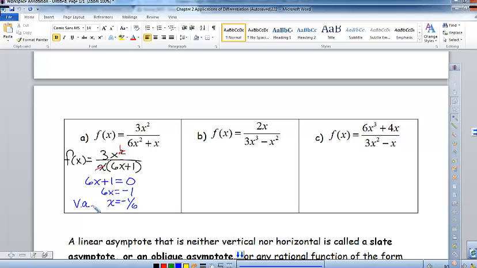And the rule said when we have the same degree, we just look at the leading coefficient, and that gives us our horizontal asymptote. So the horizontal asymptote is going to be y equals 3 over 6, or y equals 1/2. Okay. Questions about that?